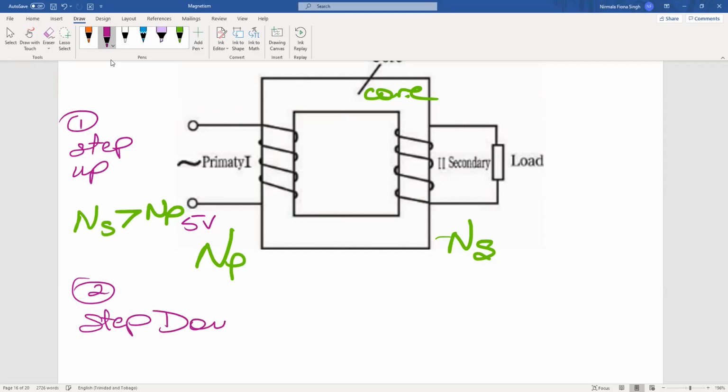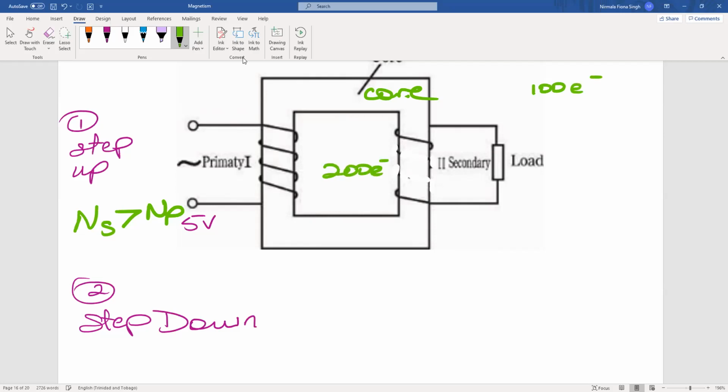In a step-down transformer, it's just the opposite. So rather than using more coils, we're going to end up using fewer coils. If we use fewer coils, that means we have fewer electrons being supplied to my circuit. Using the example of 100 electrons per wire, now I'm only going to have 200 electrons coming out from the wire.